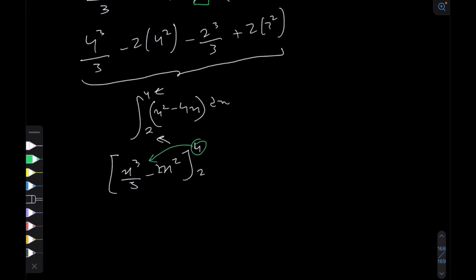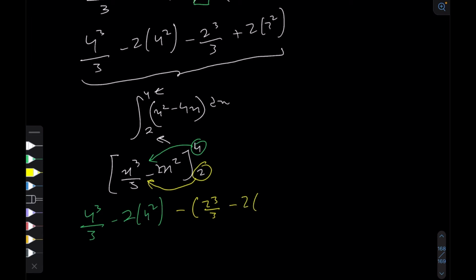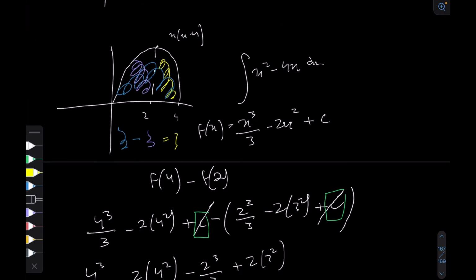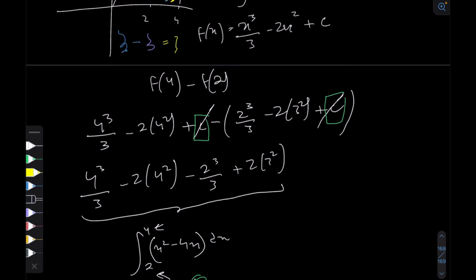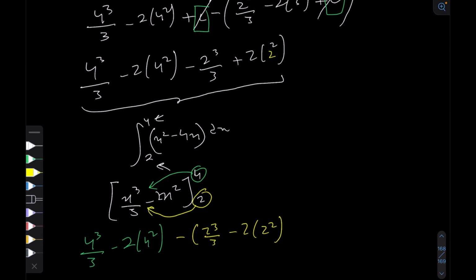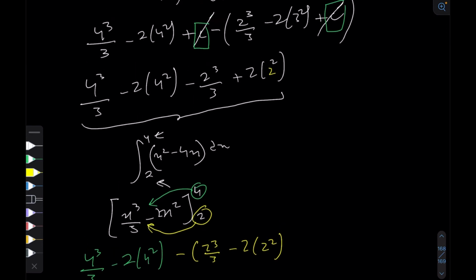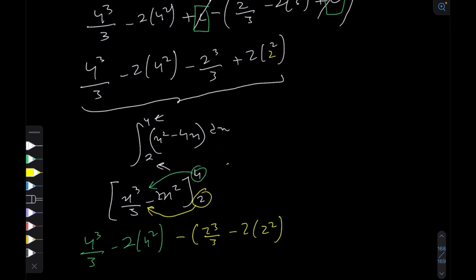So it would turn out to be 4 cubed over 3 minus 2 times 4 squared, and then subtract what you get when you input 2 into this: 2 cubed over 3 minus 2 times 2 squared. And this will give you the same thing as over here. So instead of having to write c again, whenever we have two bounds, we can simply use it like this.